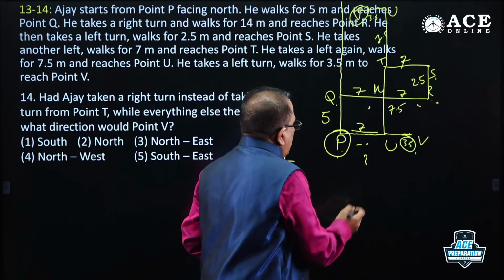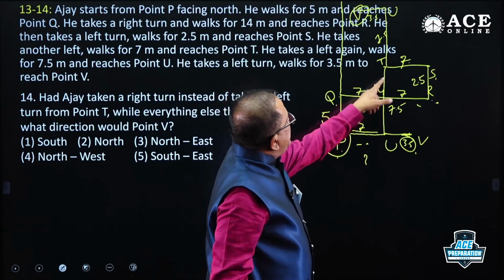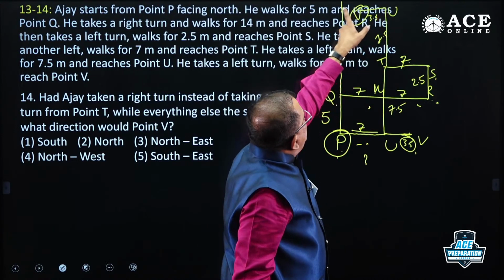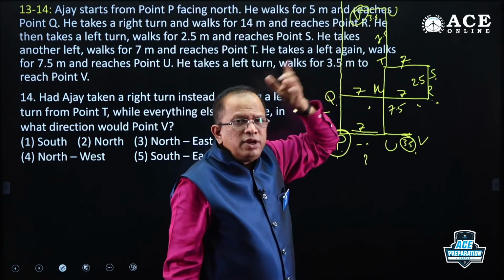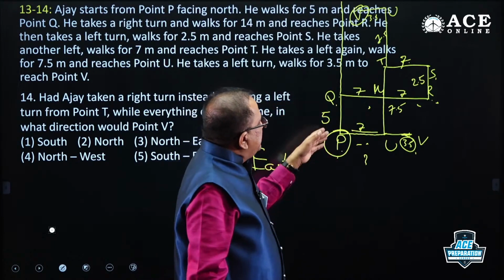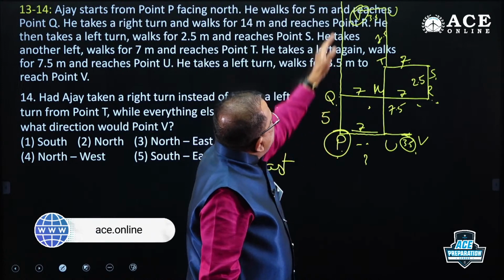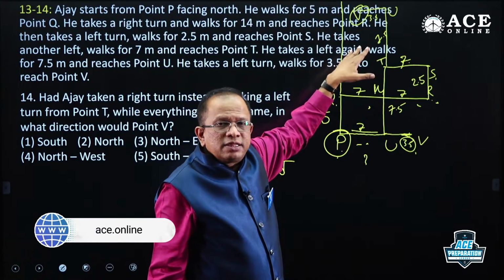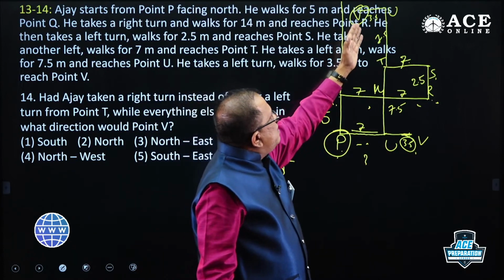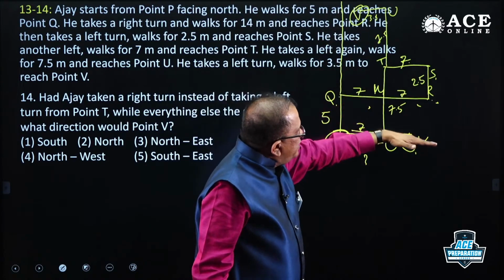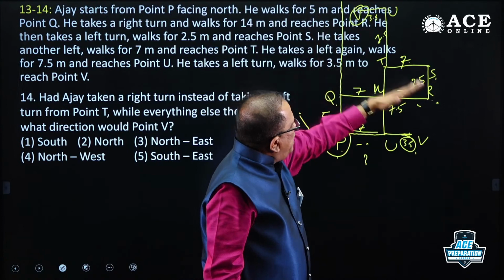If you take this straight line from here to here, it must be 7. But he covered only 3.5, half of it. That means with respect to P, we cannot be perfect north. He is not in perfect north. Where is he now? He is between north and east.